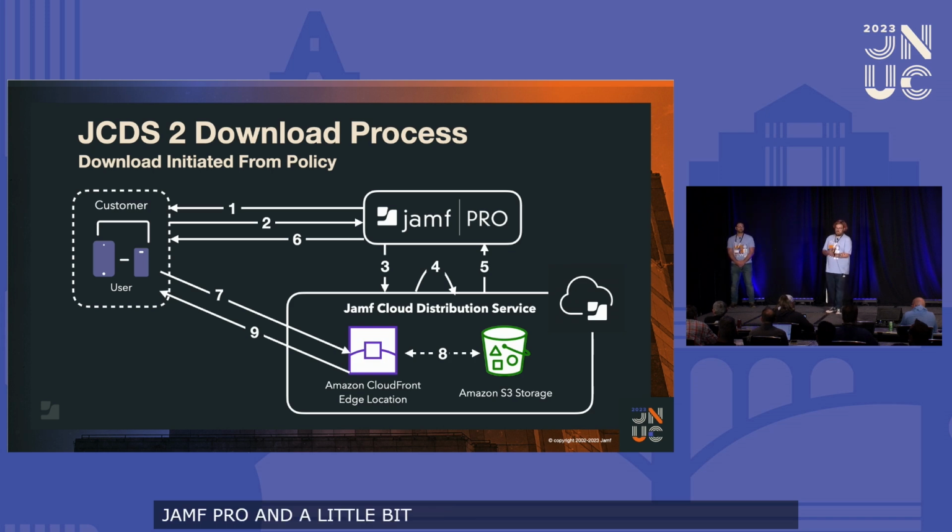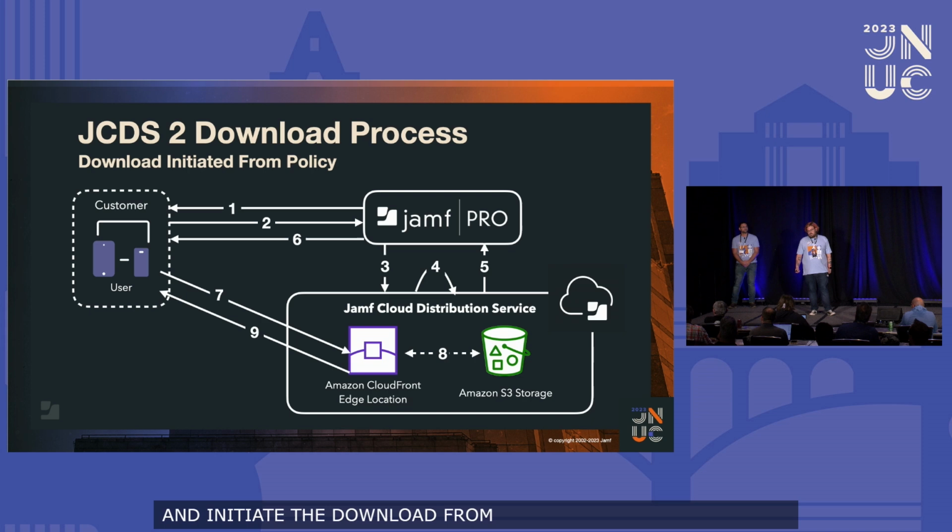Step six, we're then having the signed per device URL. It's going to be delivered to the end user device with the policy that you've set up. And then step seven is the end user device is going to communicate directly with JCDS and initiate the download from the CloudFront signed URL.